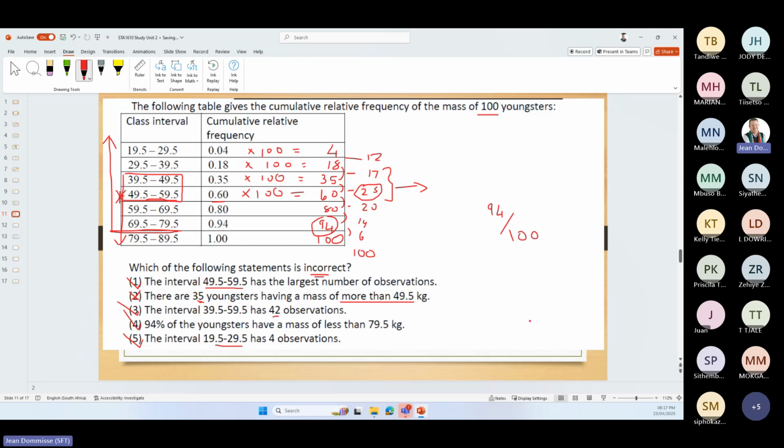Okay, so a frequency table has a lot of work to do with it. It's just not a simple go to that class interval, go to the next class interval and get the answers. You nearly need to complete the table for yourself and then work with it to get to the answers.